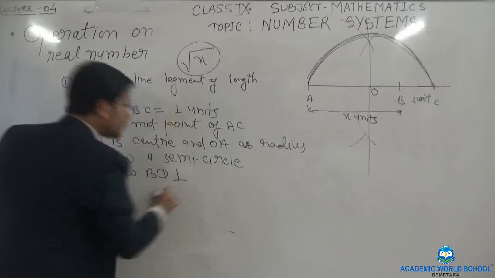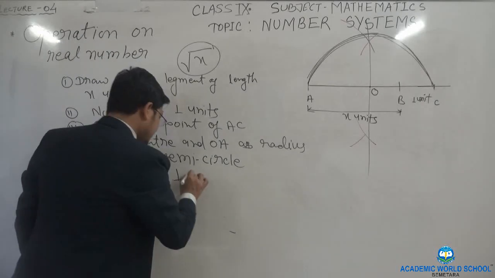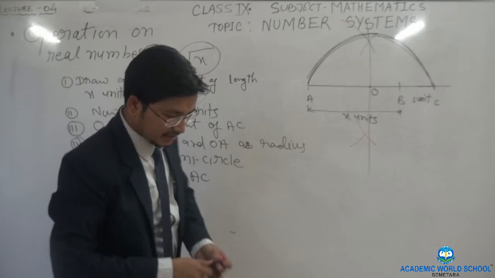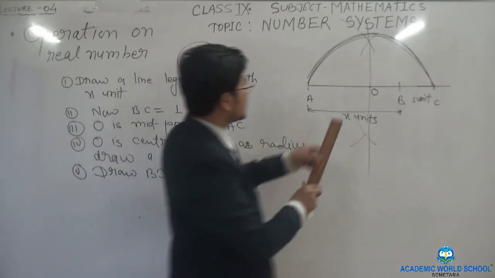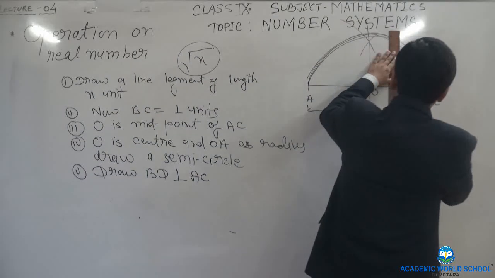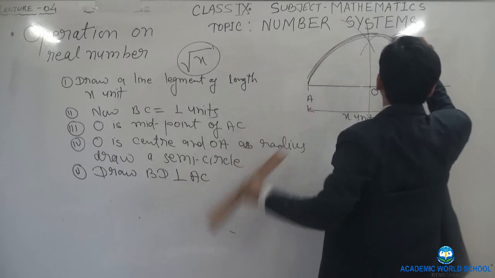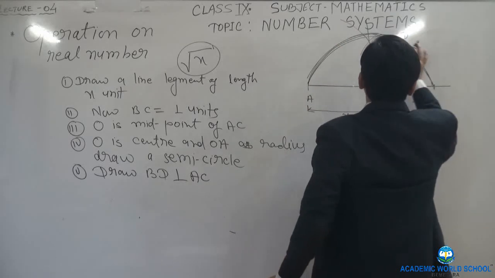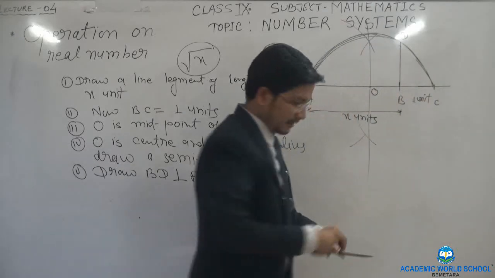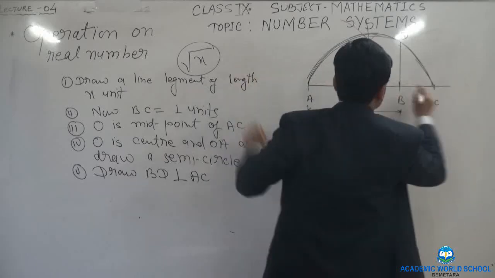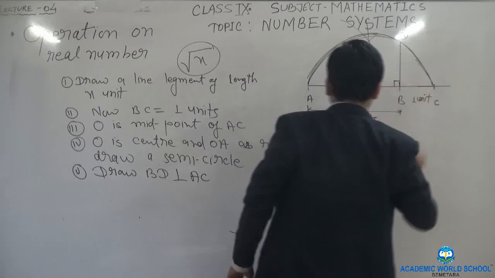Now draw BD perpendicular on AC. So we are going to draw BD. This is BD, and this point is D. BD is perpendicular on this line AC, so here it is 90 degrees.